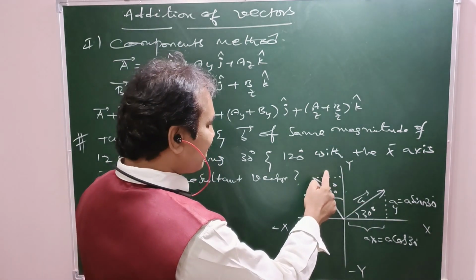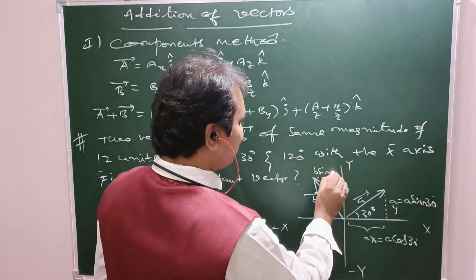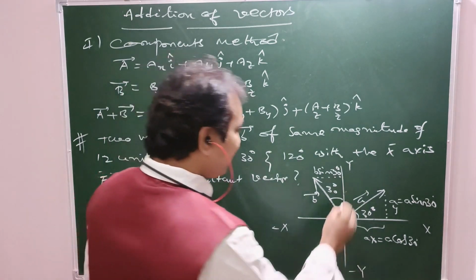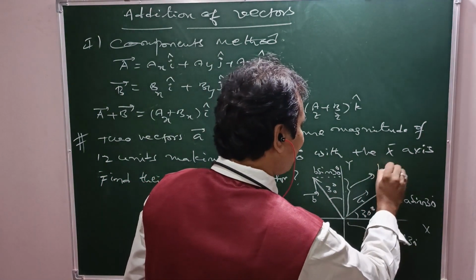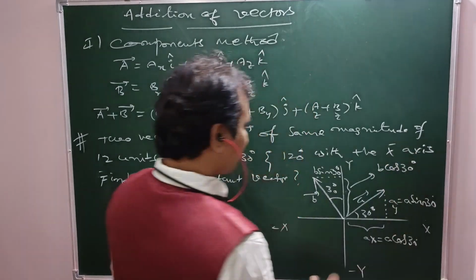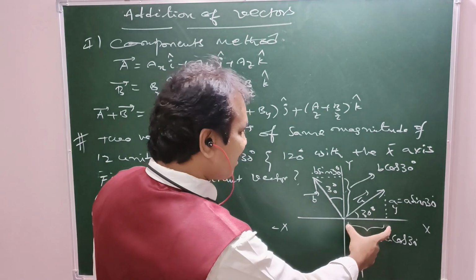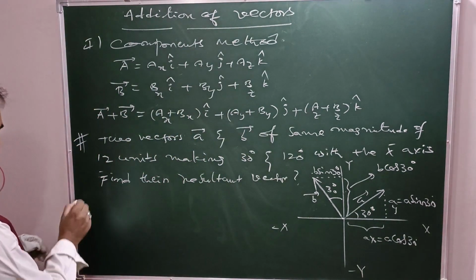Opposite side is b sin 30. Adjacent side, from here to there, is b cos 30. So a cos 30, a sin 30, b cos 30, b sin 30 are expressed in terms of Cartesian coordinates.